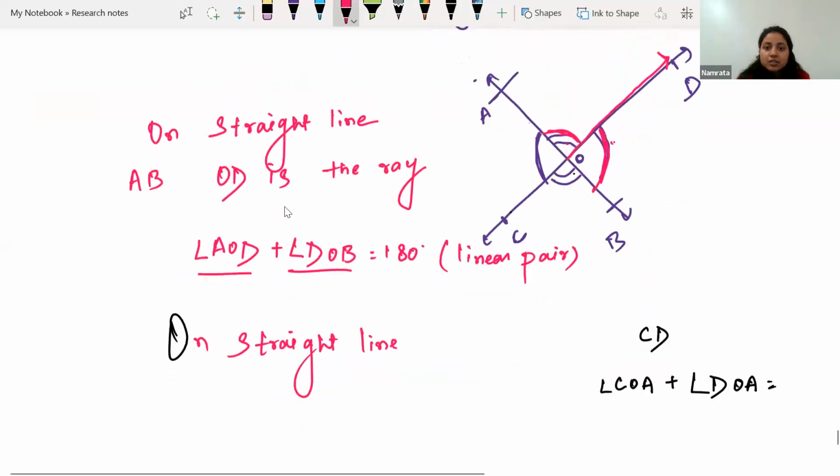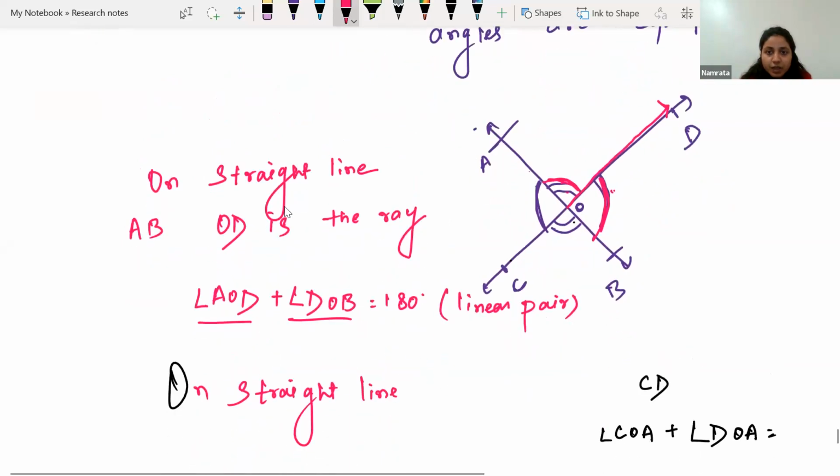So if we take on a straight line, here I want to take this, let me mark. I want to take maybe this angle with another pair, maybe AOC, this pair. Okay, let's take it. If you can see both the green angles, if we take a straight line CD, on a straight line CD, if we take OA as a ray, let me write it, it will be more clear to you.